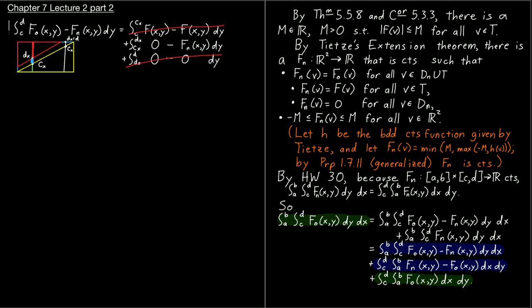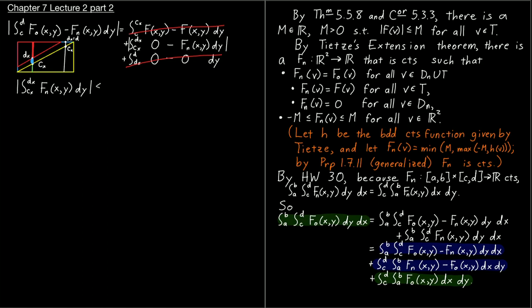So let's put some absolute value bars around this. And then the integral from c sub x to d sub x of fn of x, y dy. Let's put some absolute values so I don't have to worry about the minus.